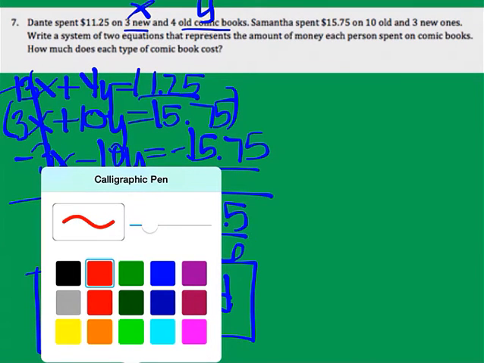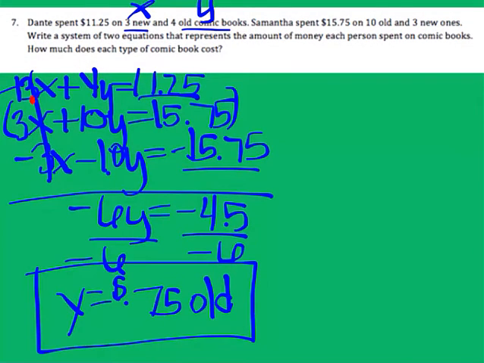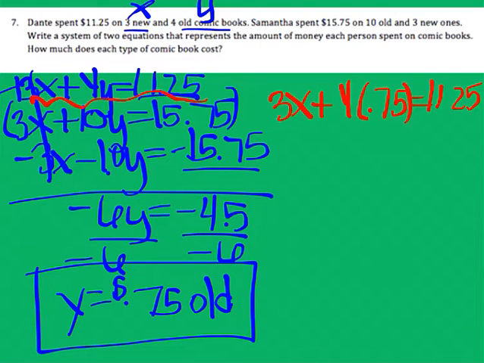So I'm just going to plug it in to this guy right here. So I have 3x plus, now instead of writing y, I'm going to write 0.75 times 4, and that's going to be equal to 1125. Okay, so then I'm going to get 3x. 4 times 0.75 is going to give me 3.